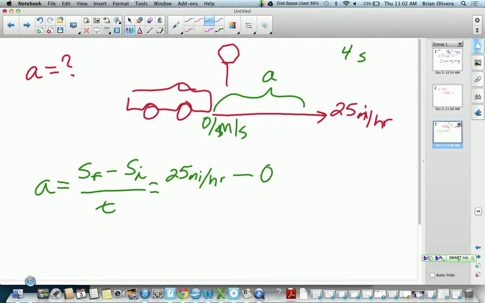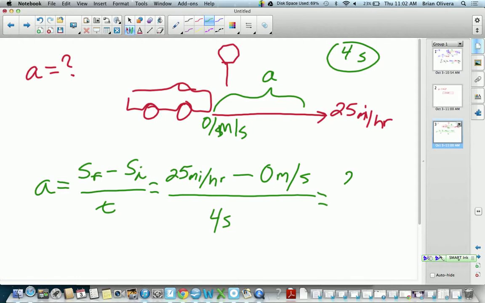So even though the initial question may not give that to you, if you can reason that it was at a stop, then you should be able to reason that it was at 0 meters per second initially. And then I would divide that by my time, which was 4 seconds. So I would have 25 miles per hour over 4 seconds.